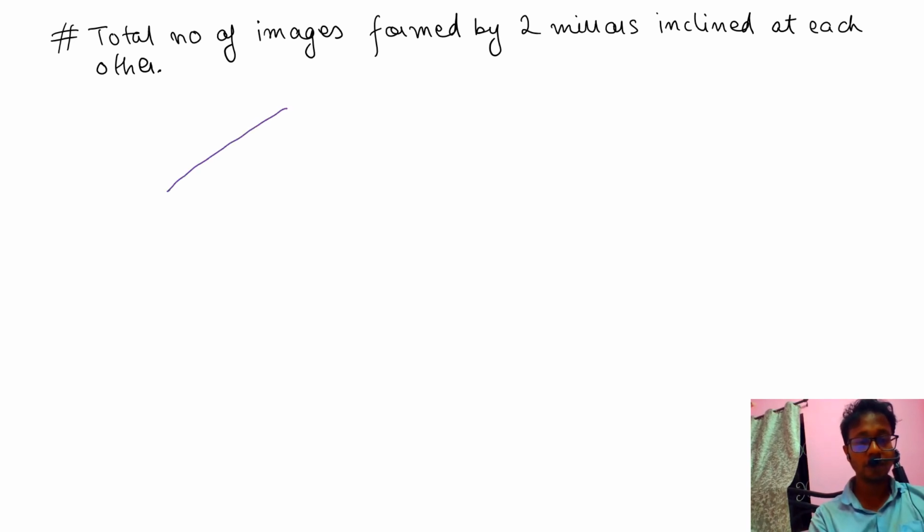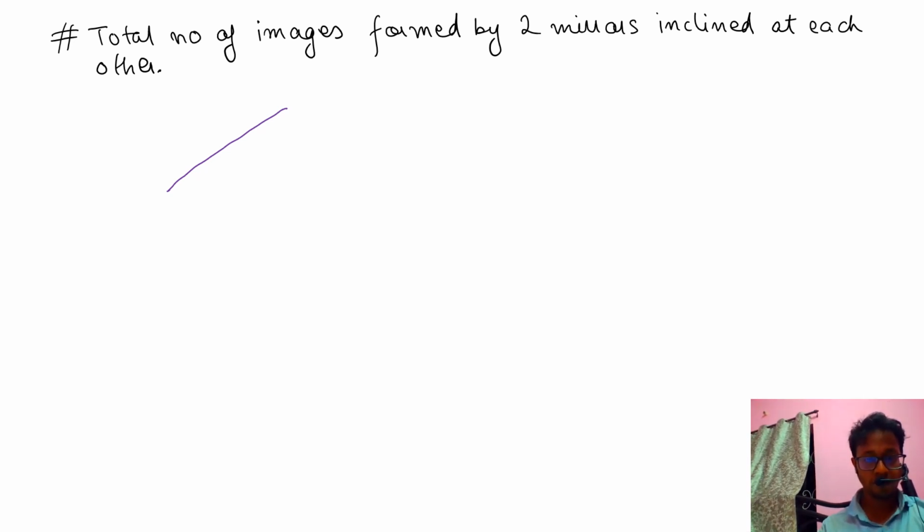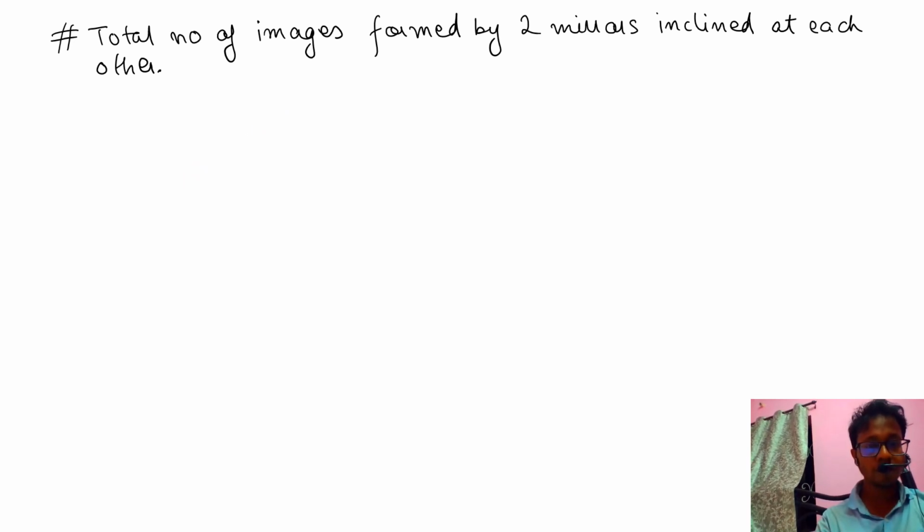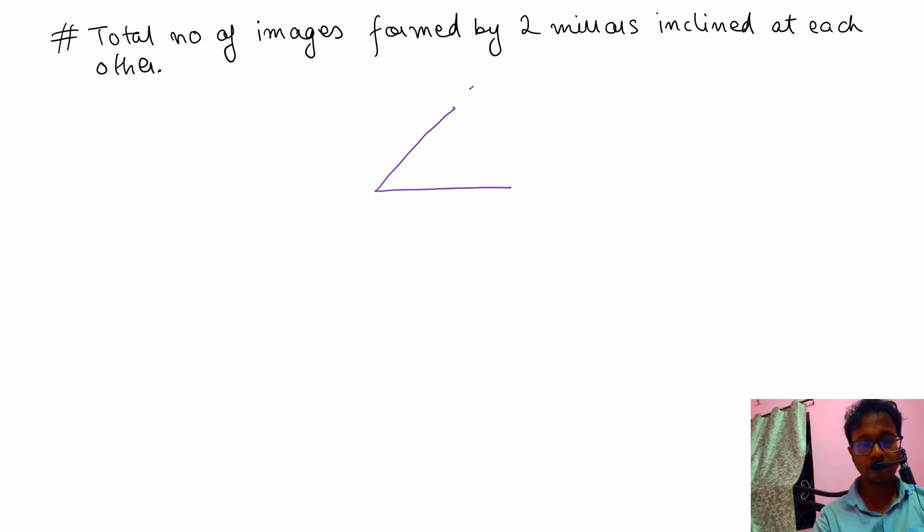Okay, let me write. There are two mirrors that are inclined at each other, and the angle of inclination of the two mirrors is given by theta. And the object is kept out here.